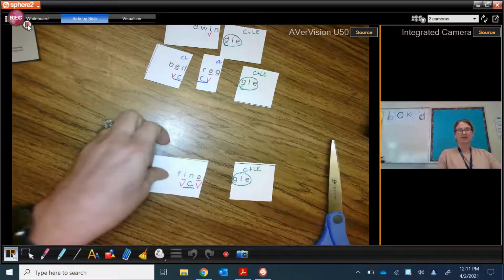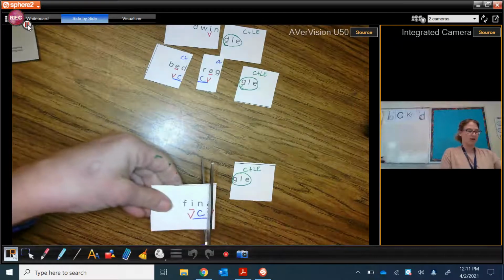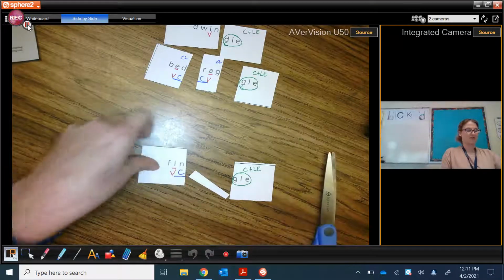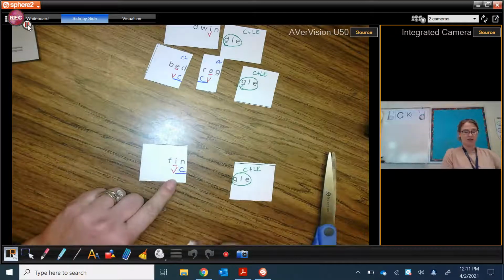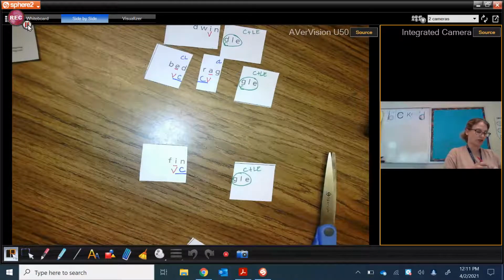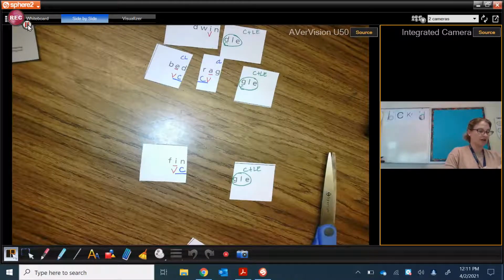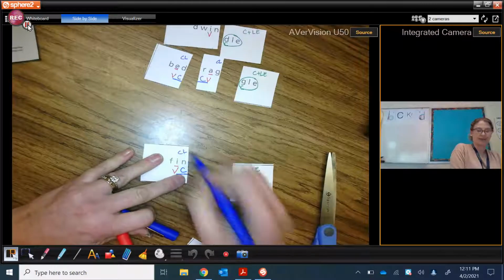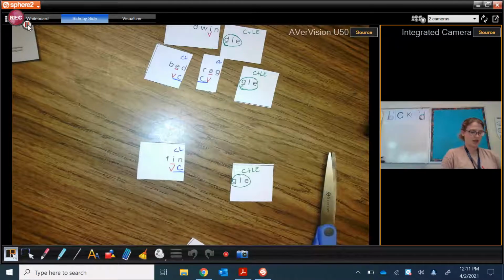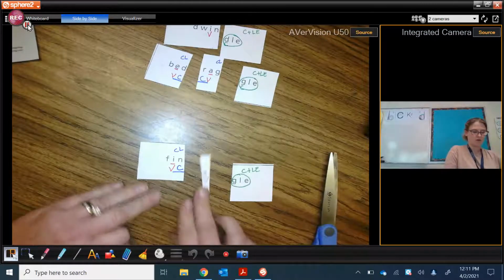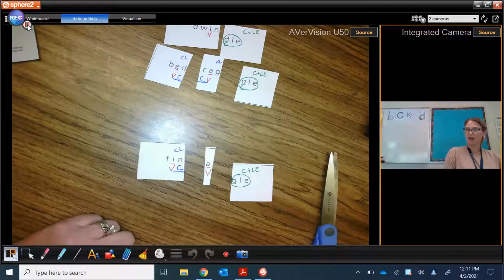I'm going to split this one after the consonant. So that means it's closed, and if it's closed, that says thin. And I still have one more word part. It's the letter A all by itself.